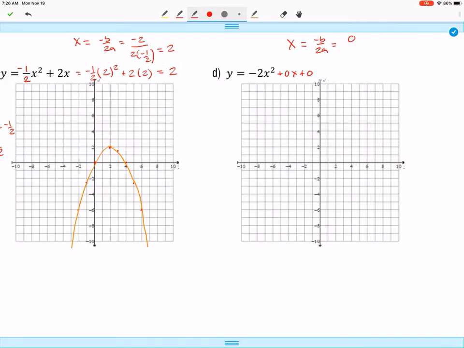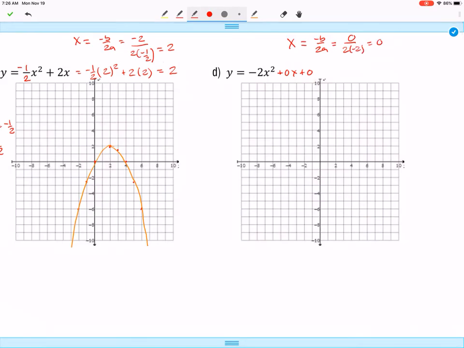So our b and c are 0 over 2a, and that is 0. And then we're going to plug that into our original function to give us our y equals negative 2 times 0 squared, gives us 0. So for this example, our vertex is at the origin, 0, 0. And our y-axis is our axis of symmetry.